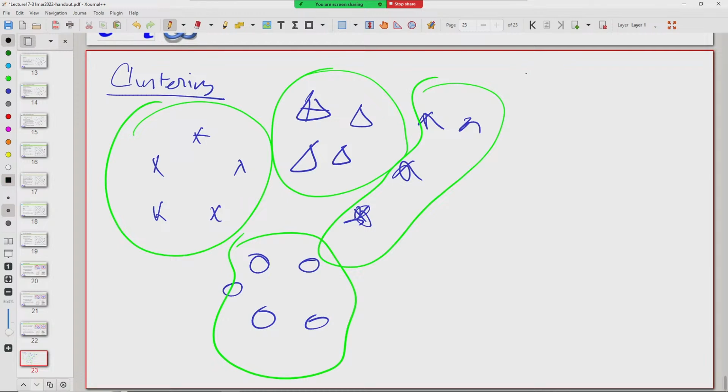If you had some data points x1, x2 up to xn, these are some vectors in R raised to L, some L-dimensional space where L is very large. One of the things you can do is take a random matrix A, which is L times, let us say, 100 log n.